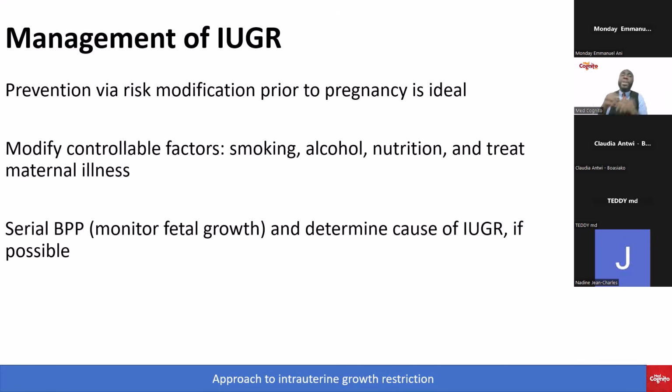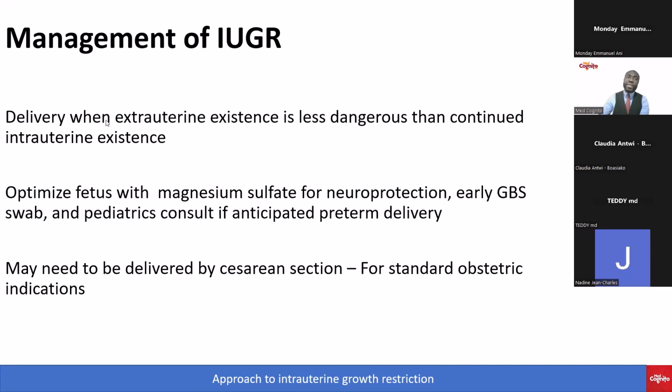Number 2, modify controllable factors like smoking, alcohol, nutrition, and treat maternal illness like diabetes and hypertension. And then serial biparietal diameter and BPP, where you use that to monitor fetal growth and determine the cause of IUGR if possible. And then now, we move on.